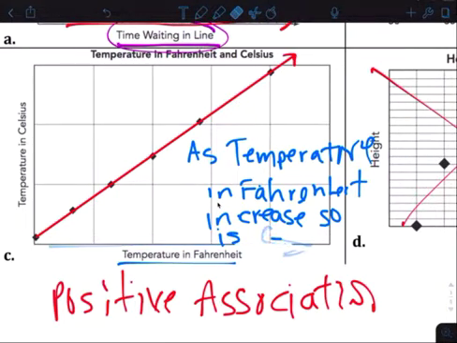Celsius is also increasing, or the temperature in Celsius.